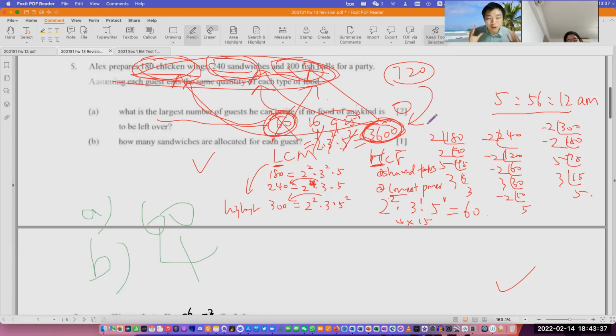What I'm trying to show you here is you can make a mistake, meaning you can misjudge and find the LCM. But once you get your LCM, you can ask yourself, does it make sense? It doesn't make sense. So when it doesn't make sense, you switch to HCF. Once you get the HCF, it makes complete sense.